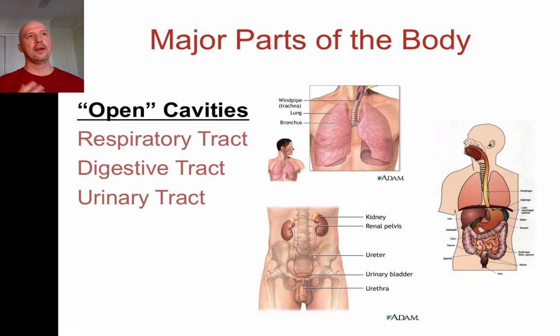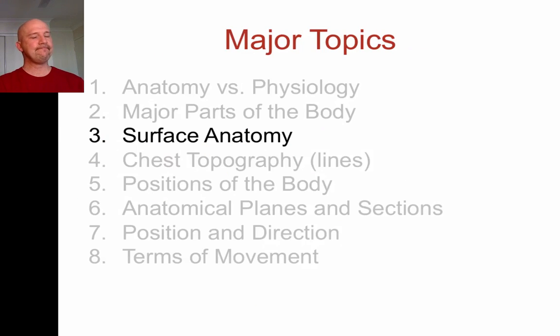So when people get infections, they usually get them in their sinuses or their ears, or within the digestive tract, or within the respiratory tract, or within the urinary tract. So if somebody comes in with unexplained fever, we usually start thinking about, well, which open cavity is the one that's infected? So it's important to know which the open cavities are.